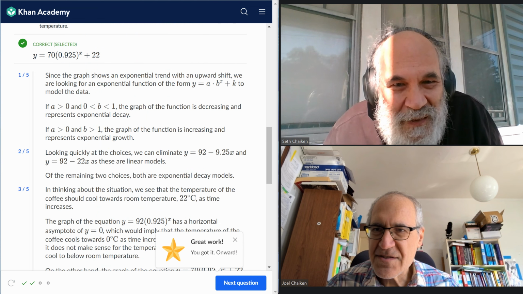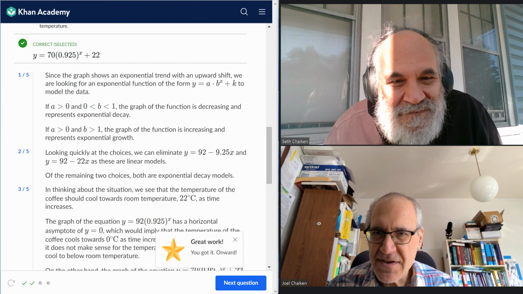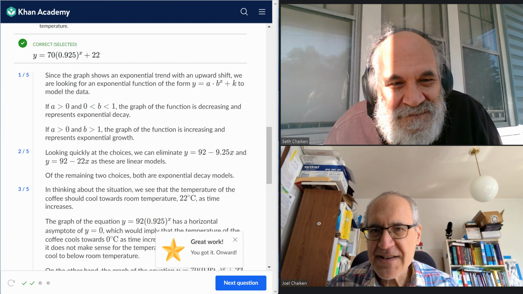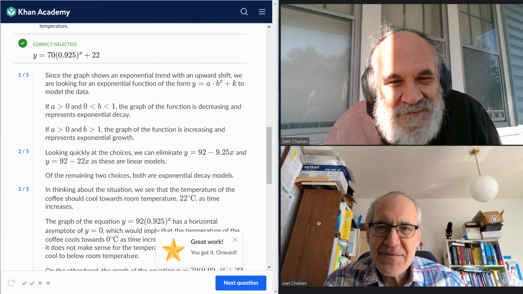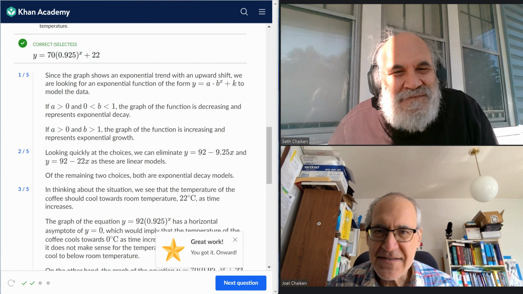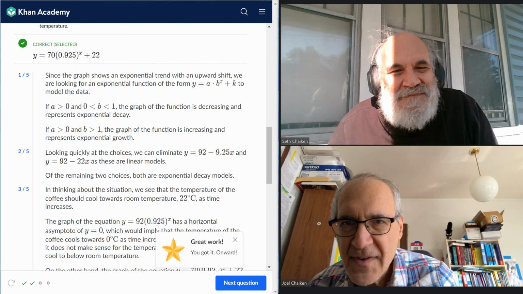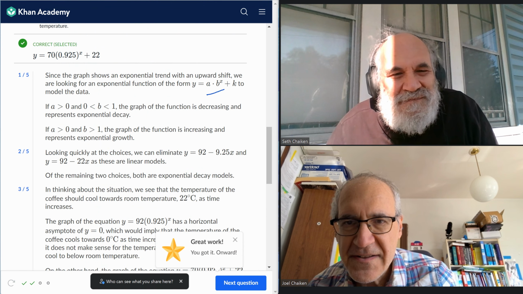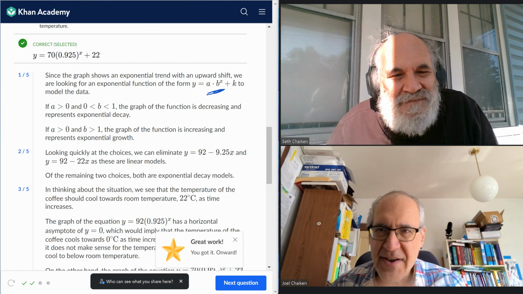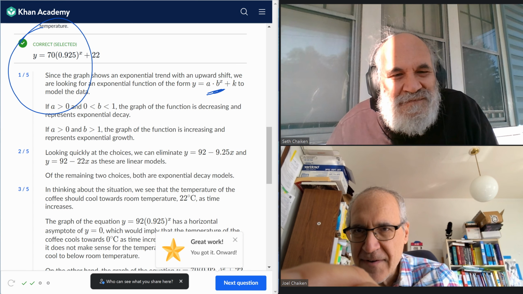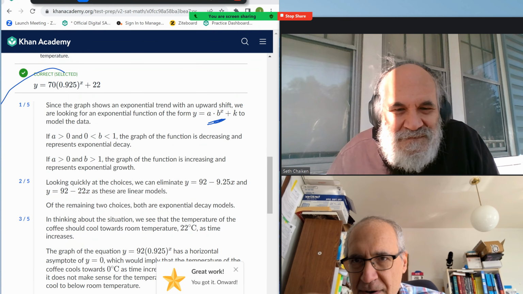Since the graph shows an exponential trend with an upward shift, we are looking for an exponential in that form. So Seth was right. This is exactly what Seth said at the very end when he talked about the stuff up here.